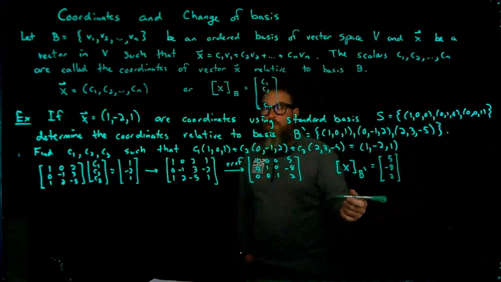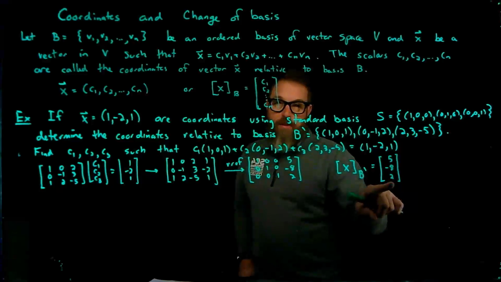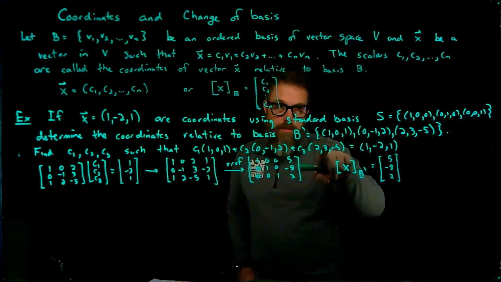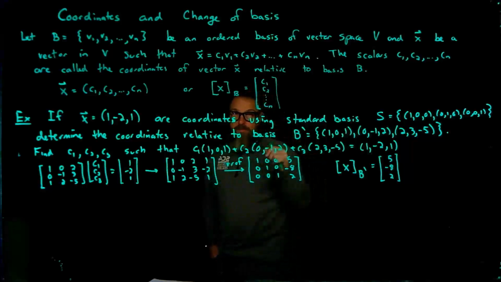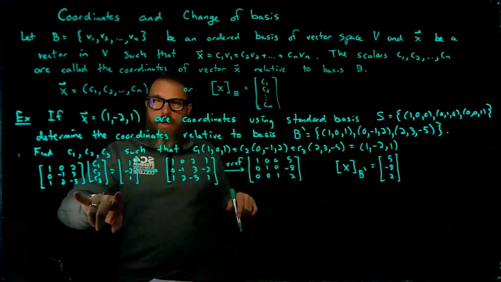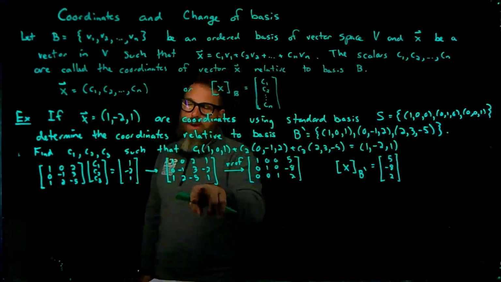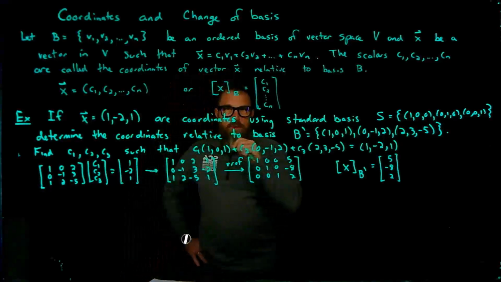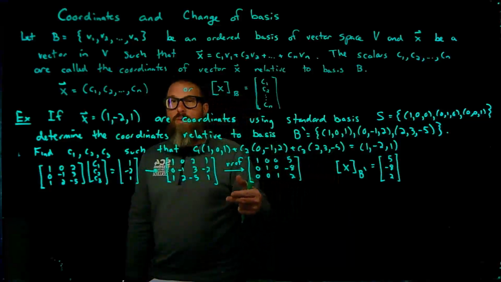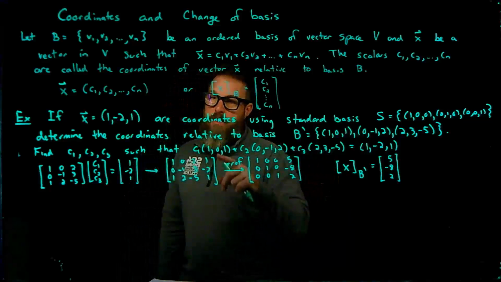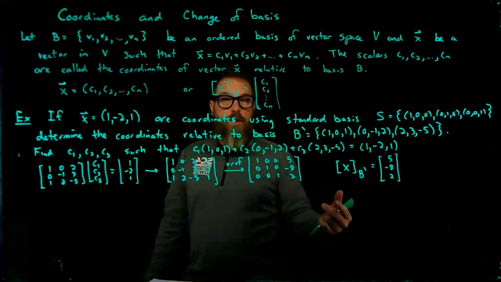And remember, we could check that. I could put these coordinates inside of this linear combination, and it will spit out this number. So we could check it using what we did previously. All right, I wrote it this way as opposed to just going straight for the augmented form, because there's a way that we can go from one basis to another basis through simple row reduction, and that's because it's tied to an inverse.